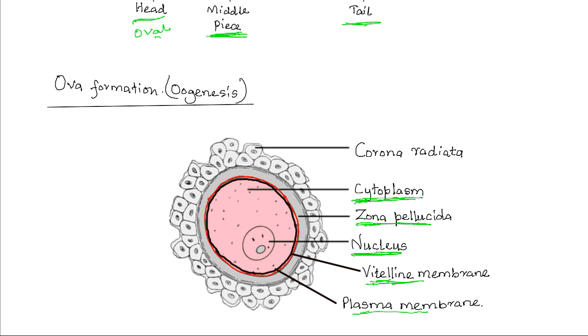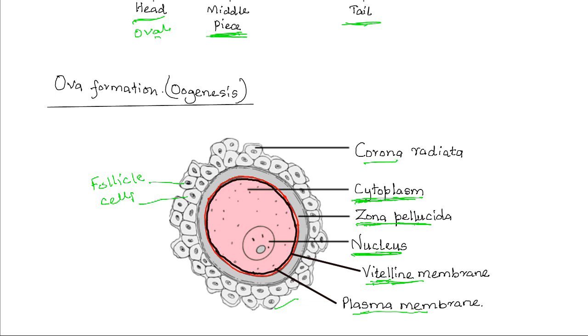Then the outermost layer of an ovum is known as the corona radiata. This corona radiata consists of a layer of follicle cells, these ones, that provide nourishment during the development in the ovary.